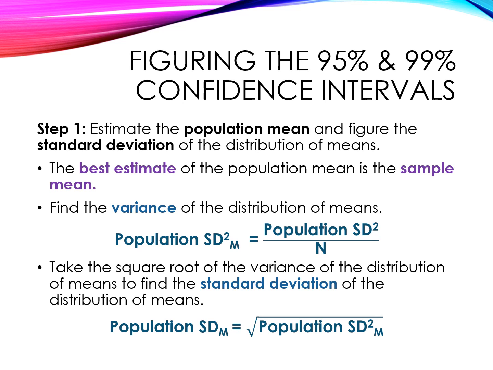So your SD sub m. Okay, so that's your distribution of means. So you find your variance of your distribution of means, and then you take your square root of that to find your standard deviation. Okay, so these are the correct formulas.